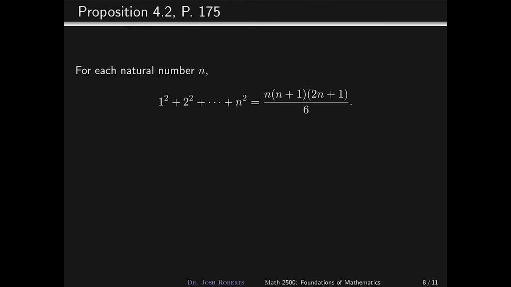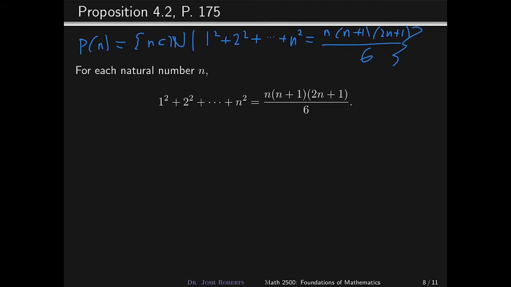The property P of n is that for n a natural number, if I add up all of the squares up to n squared, I'm going to get this expression on the right, n times n plus 1 times 2n plus 1 all over 6. That's the property P of n that we're trying to prove. So let's see how this works. The basis step.